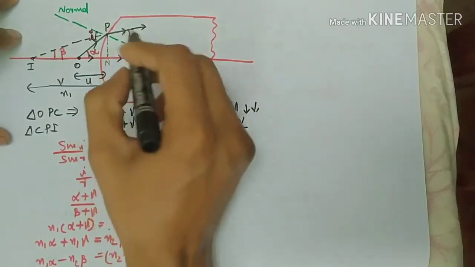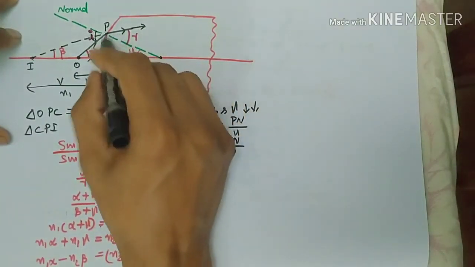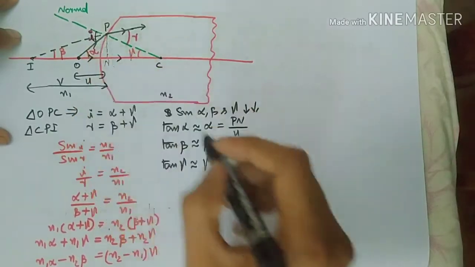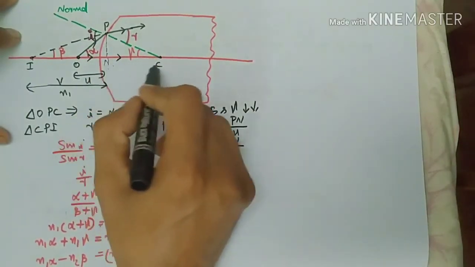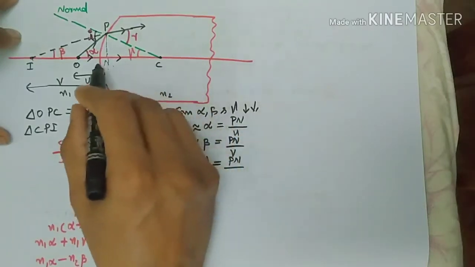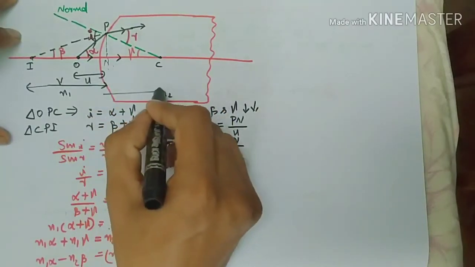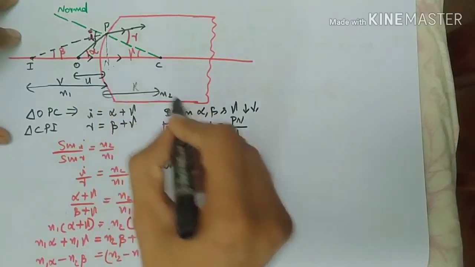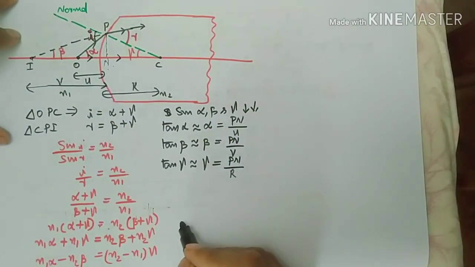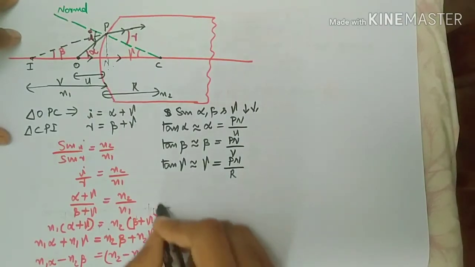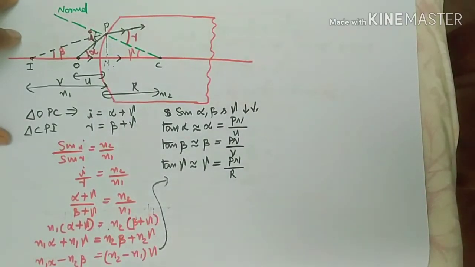In order to find tan gamma, in triangle CPN, the opposite side is PN and the adjacent side is NC, that is the radius of curvature, R.